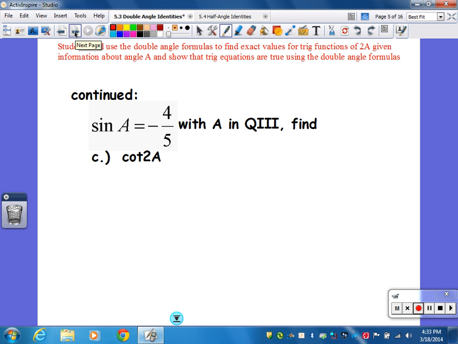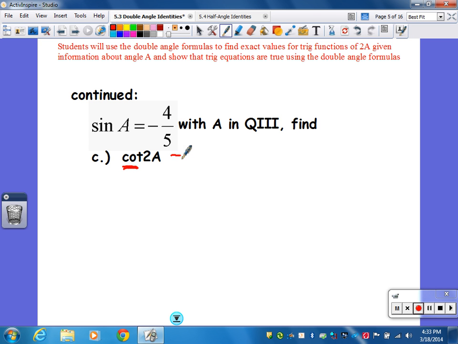So next question now is, oh, look at that, sine A equal to negative 4/5 again. It's continued from before. But we're working with cotangent. Well, looking back at our formulas, we don't have a cotangent, but we know that cotangent is 1 over tangent. So we're going to just use the reciprocal.